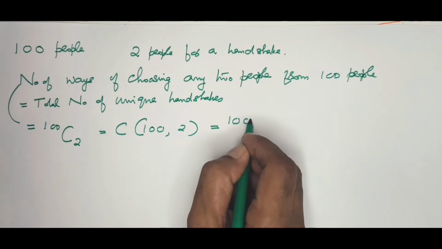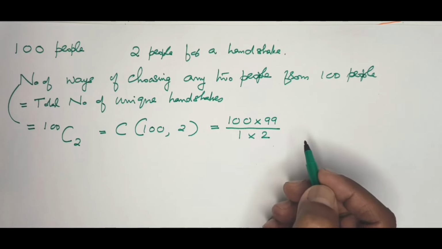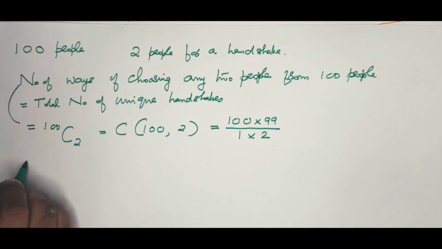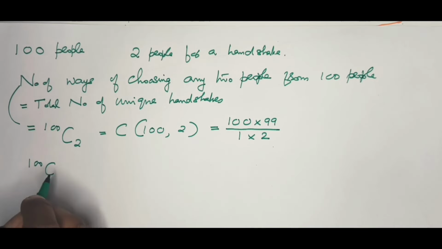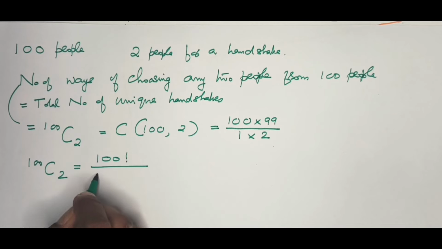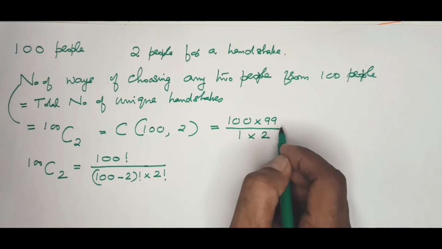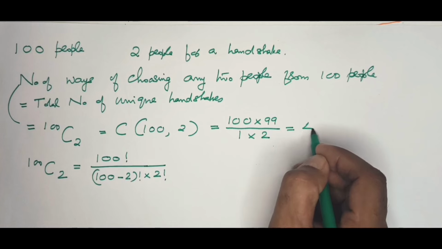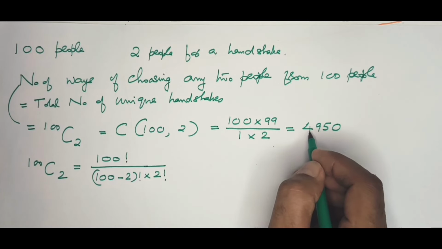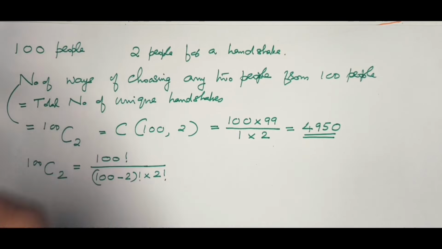It's just 100 multiplied by 99 divided by 1 into 2. The actual formula goes like this: 100 C 2 equals 100 factorial divided by (100 minus 2) factorial multiplied by 2 factorial. On simplification you get this, and on further simplification you get 4950. This is the result we got in the other method.